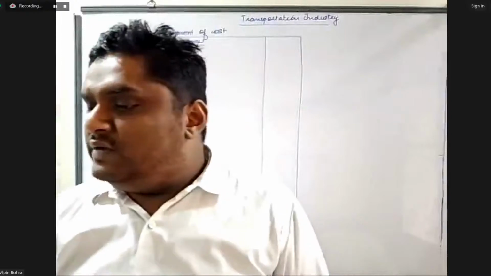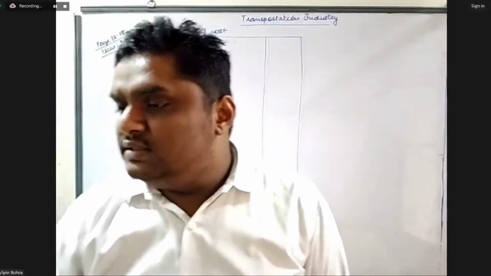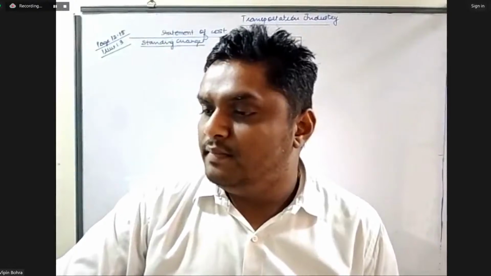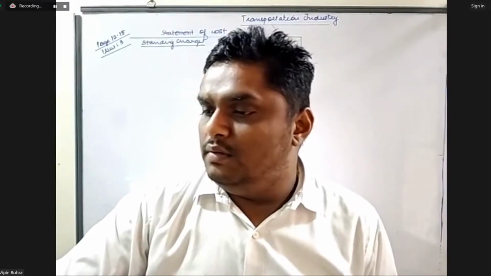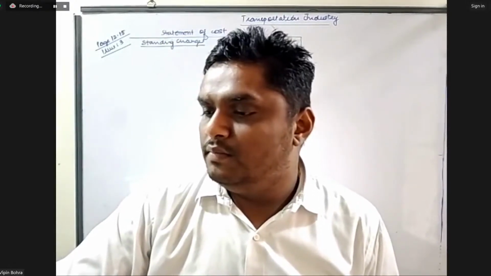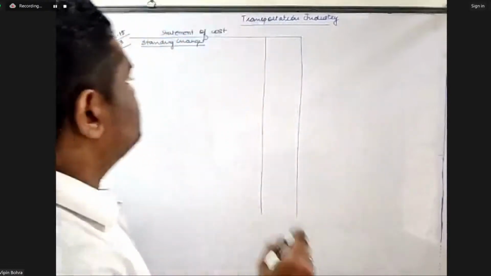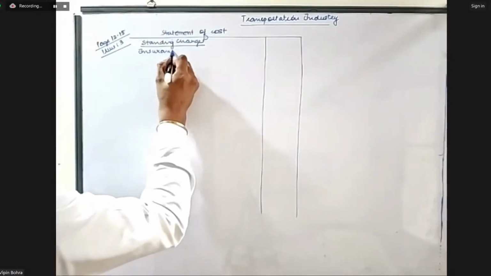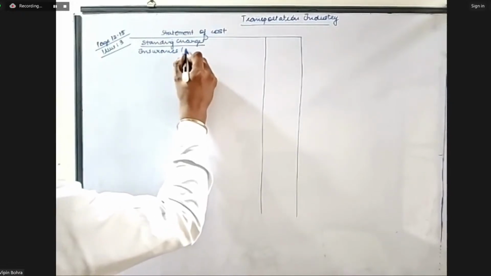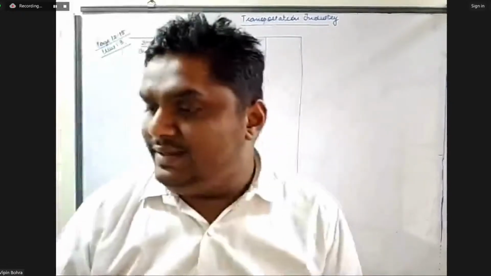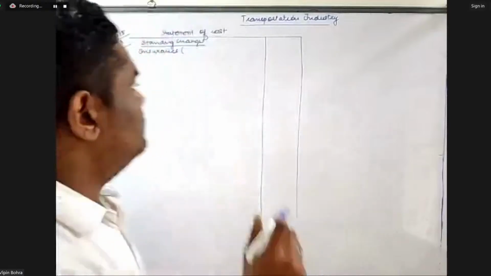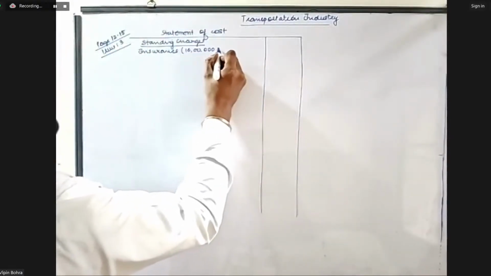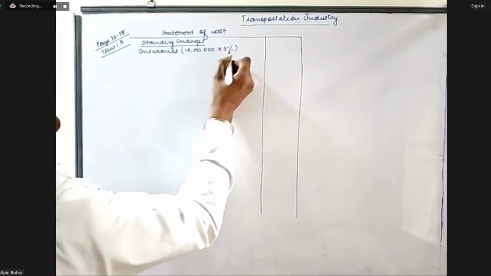So we'll first start with the standing cost, that is standing charges. So the insurance is 3% of the value of bus. The value of bus is 10 lakh rupees into 3%.